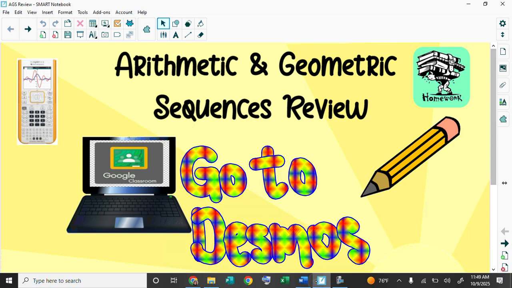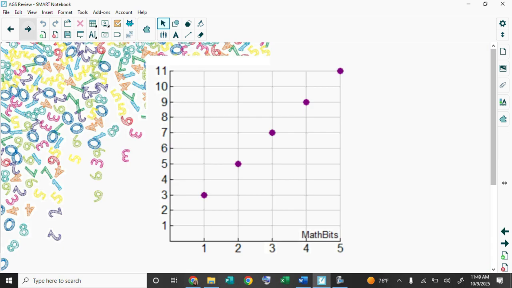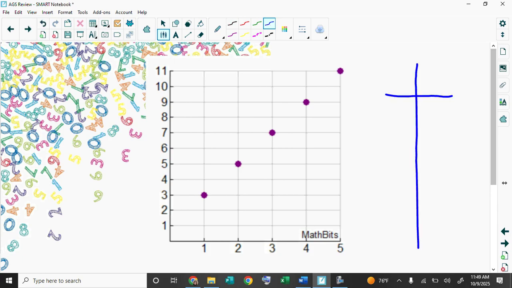You should have gotten a paper copy in class. So this first question is write an explicit formula for each graph. We're going to use the calculator to do that, but before we do that, we need to make a table. Anytime we do our table, it's going to be the term number and then the term.